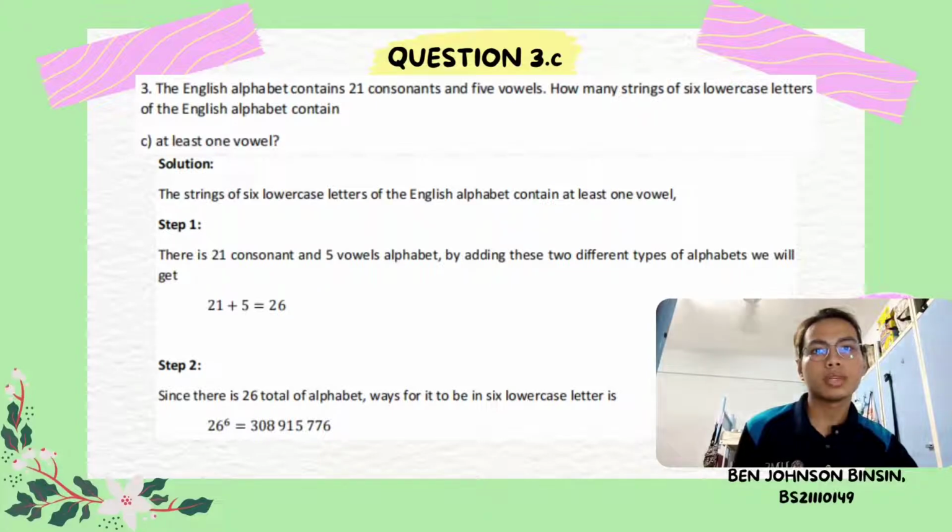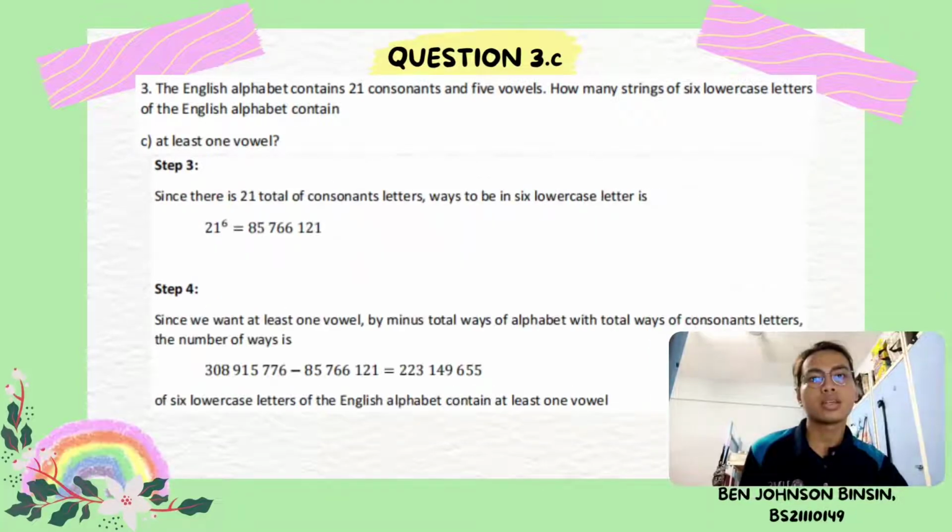3C, at least 1 vowel. There are 21 consonants and 5 vowels in the alphabet. By adding these 2 types of letters, we will get 26. Since there are 26 letters in total, the ways for it to be in 6 lowercase letters is 308,915,776.